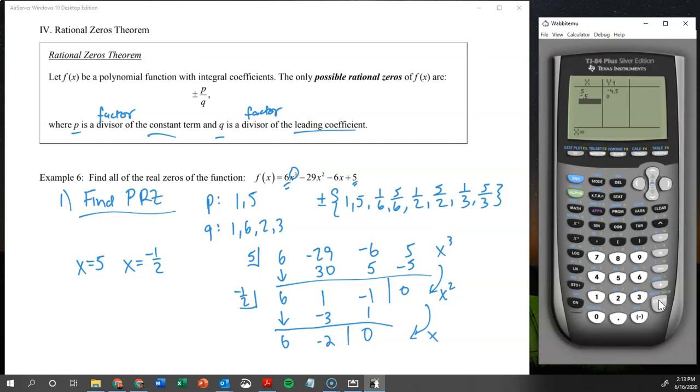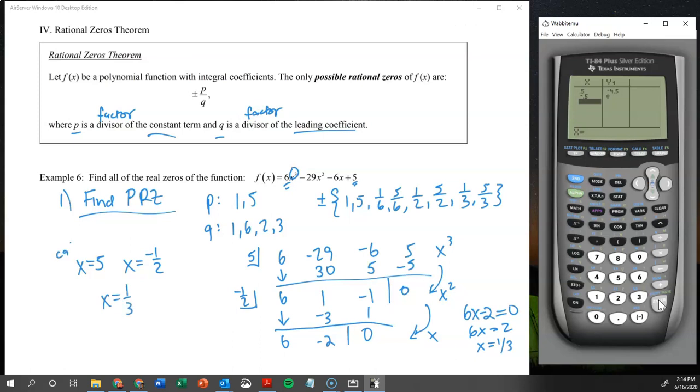That means when I divide the second time, I get down to x. My last factor is going to say 6x minus 2. If I want to get the 0 of that, I set that equal to 0 and solve. So x is going to equal 1/3, and that's my final 0 here: x is equal to 1/3.